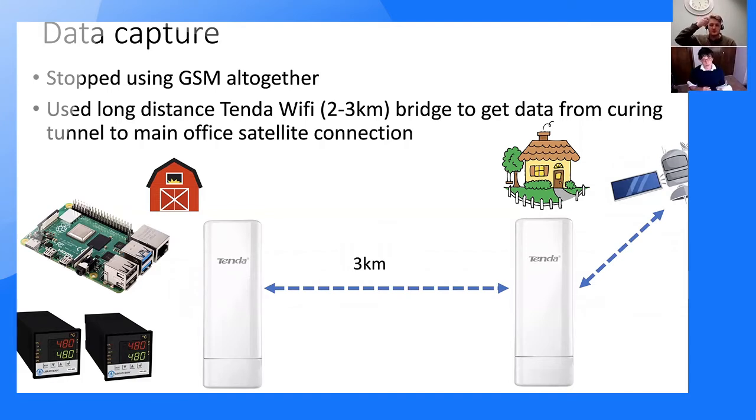And we would just transmit the data straight from the Raspberry Pi, which would basically have a Wi-Fi connection to the long distance box. And that would then arrive at the office and get relayed straight to the internet. So that took all of the reliance on cell phone towers out of the equation, which made us very happy.